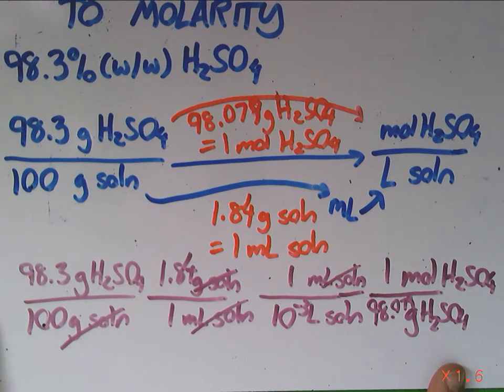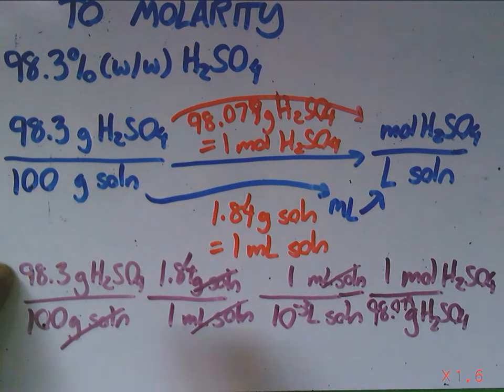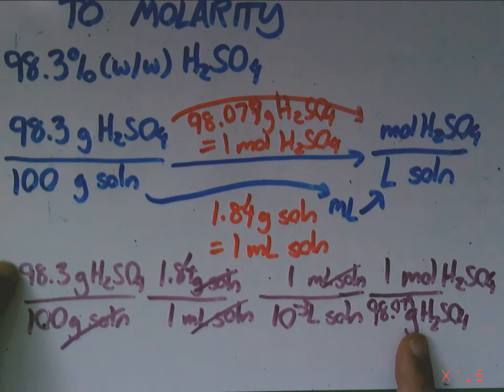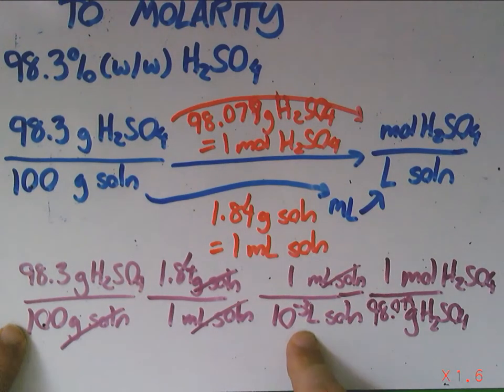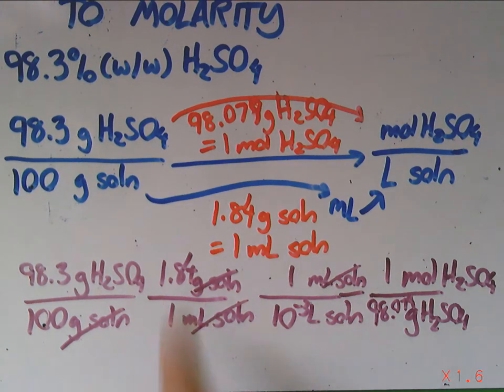Now, before I do that, let's take a quick look at about the size that I expect this to be. This is like 98 divided by 98, so it's almost like those cancel out. Not quite, but almost. What's on the bottom here? You've got 100 times 10 to the minus 3. That's going to be a tenth. So 1 over a tenth is like 10. 10 times 1.8, I should get something like 18. Now, let's pick up the calculator and see if I get something close to that size.